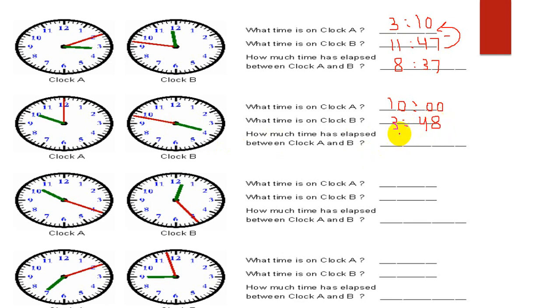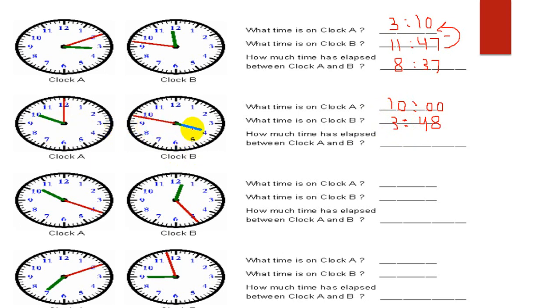Oh, here is a problem. Can you subtract 3 minus 10 or subtract 10 from 3? No. This 3 means what? 3 p.m. or a.m.? Here the time may be a.m. or p.m. but here it is different.